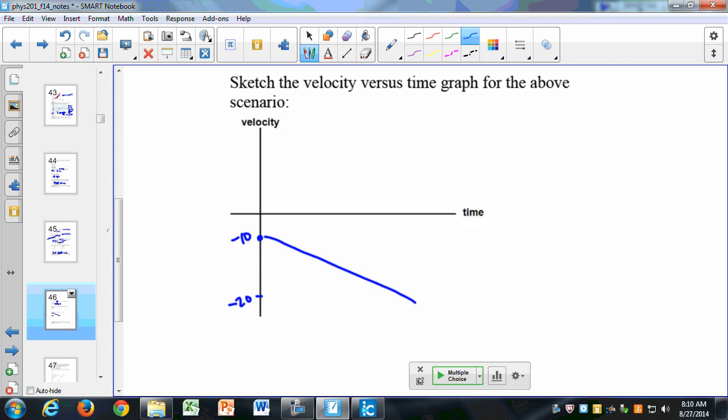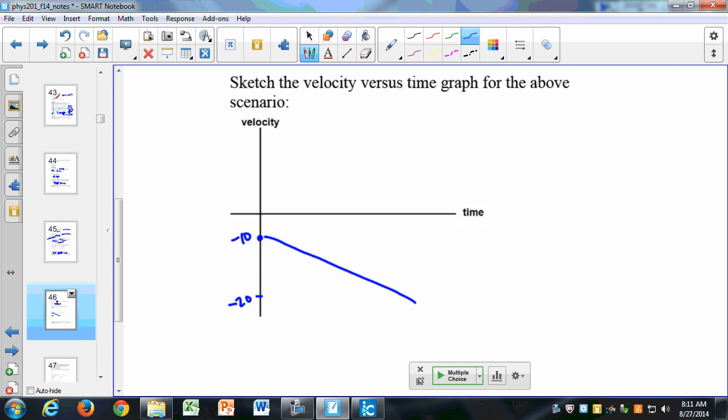So you can always just look at the units to figure out what the slope represents. Likewise, if we were to find the area under this graph, we would find the distance traveled. And again, you can look at the units: meters per second times seconds gives us meters, the distance traveled.